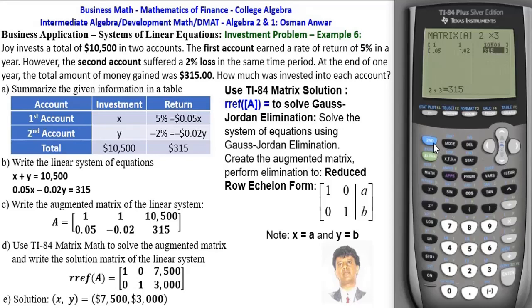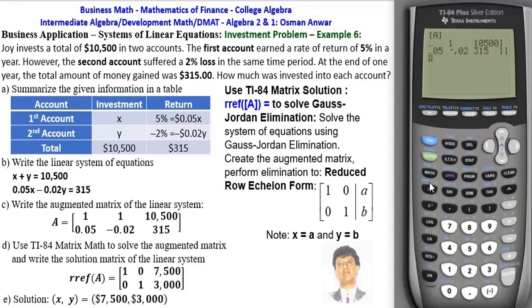Then do second quit, second matrix, hit enter. So make sure your entries are correct. So that is the x values are 1 and 0.05 and the y values are 1 and minus 0.02, augmented with 10,500 and 315.